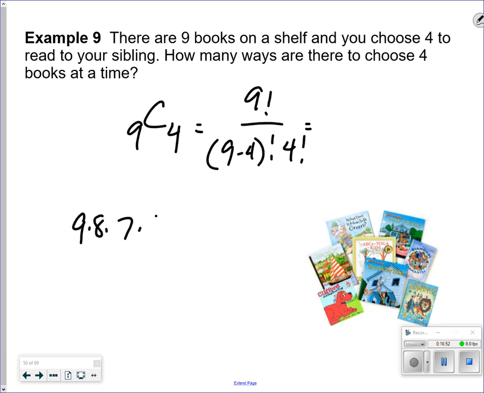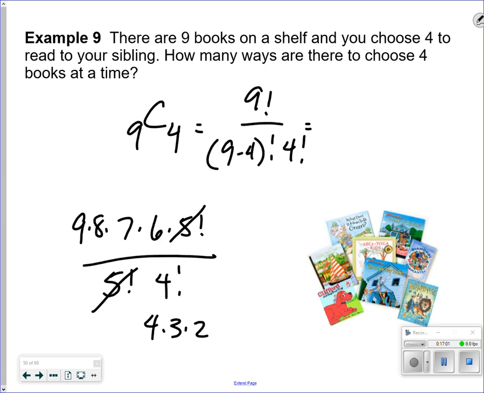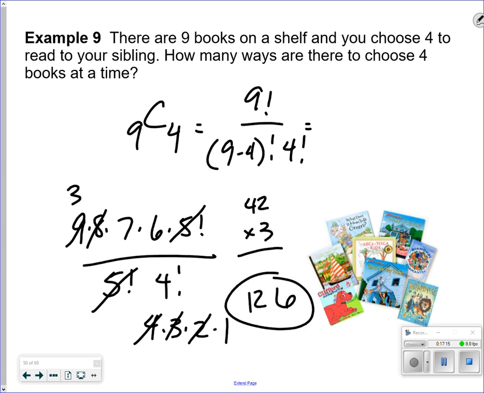9 times 8 times 7 times 6 times 5 over 4 times 3 times 2 times 1. 2 and 4 cancel out the 8, 3 cancels the 9. And again, I'm showing this by hand here, and you do not have to. 42 times 3, so you get 126.